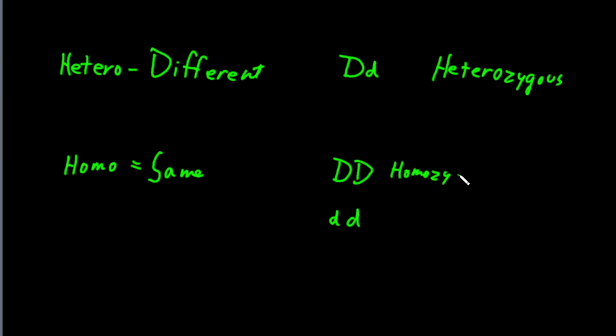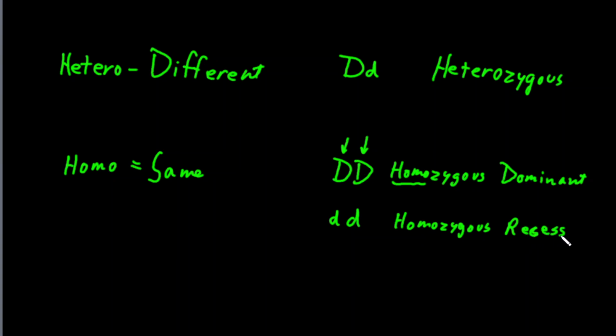Now, since both of these are homozygous, we need one more word. They are the same, but they are also both capital. And so I would say homozygous dominant. And since these are the same but both lowercase, I would say homozygous recessive.